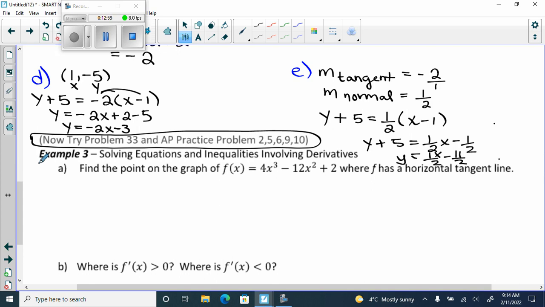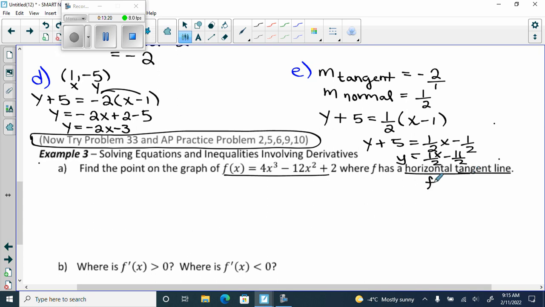I agree. Okay. So this one says find the points on the graph where f of x has a horizontal tangent line. Tangent line means first derivative. Horizontal means what's the slope of a horizontal line? 0.